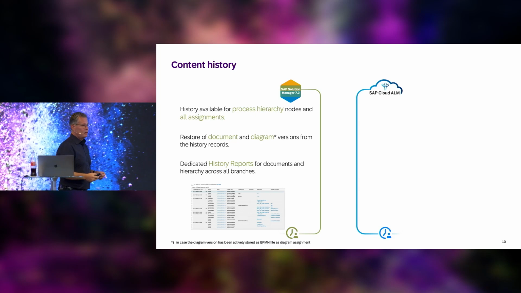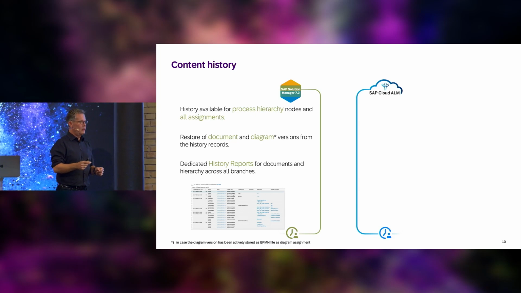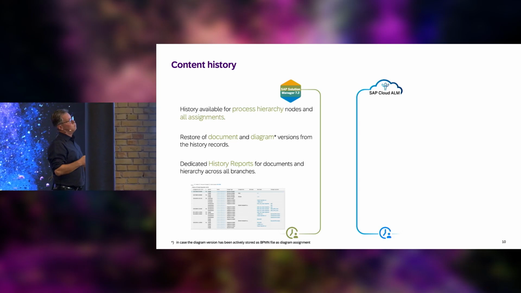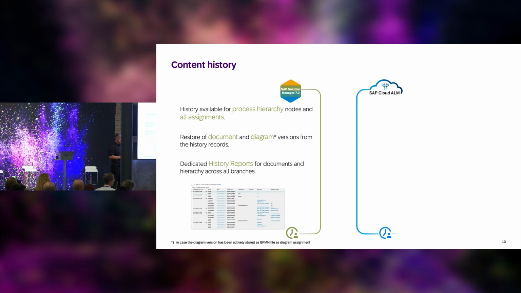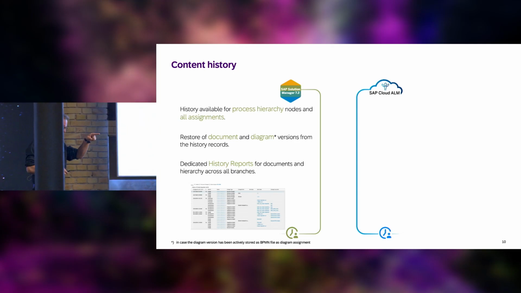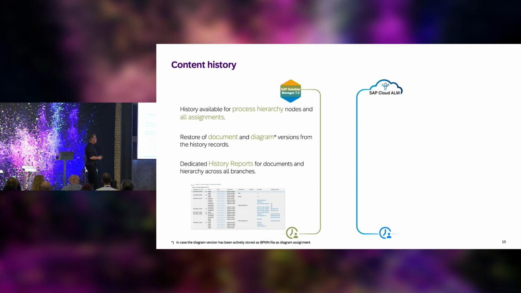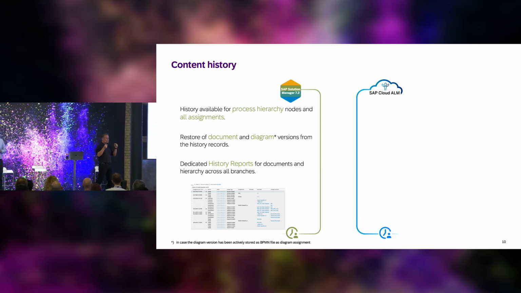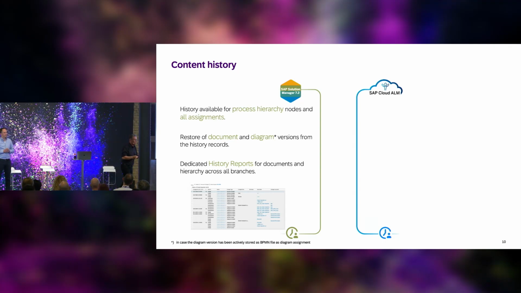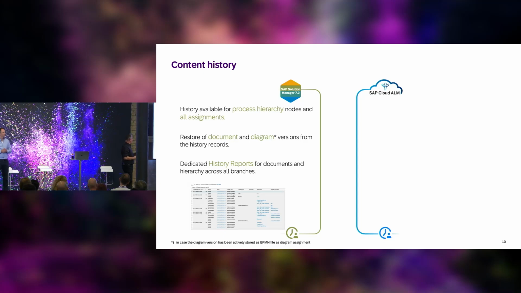And it's fantastic. You have to guess why, but you see clearly what and by whom, and then you give a call and then you know why. For some elements like documents and diagrams, you could even recreate old versions from the history itself. Fantastic stuff.